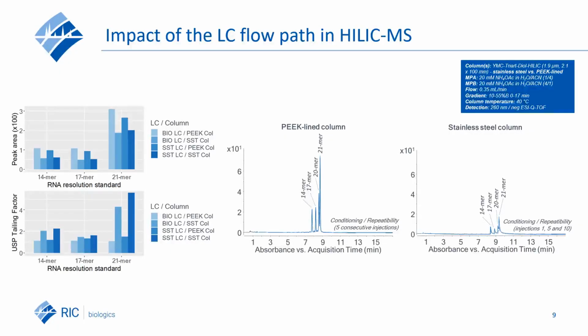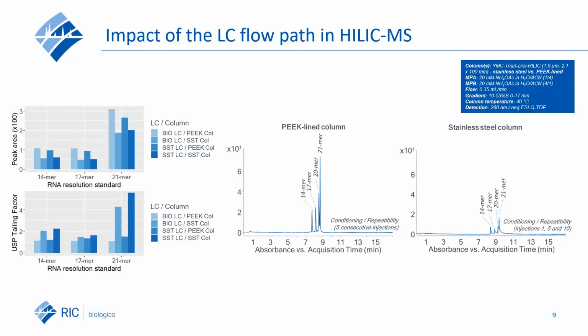This slide illustrates once more the importance of a metal-free flow path for oligonucleotide analysis using HILIC. The peak-lined column clearly outperforms the stainless steel column. As given in the chromatogram, on a peak-lined column, the first injection of an RNA standard immediately gives the maximum peak intensity.